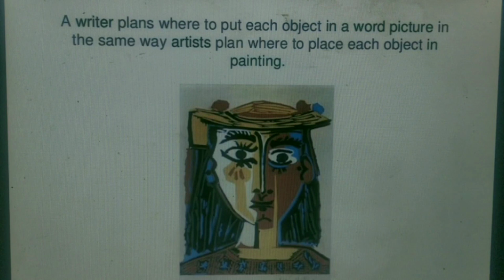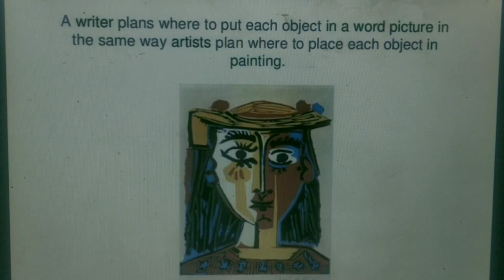I would like to wind up saying a writer plans where to put each object in a word picture. In the same way, artists plan where to place each object in the painting.